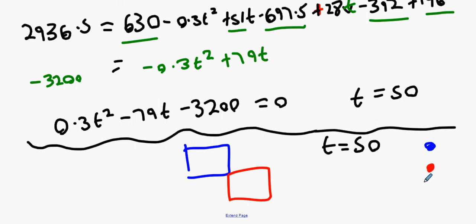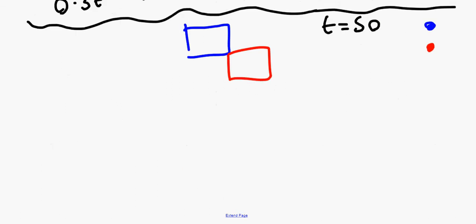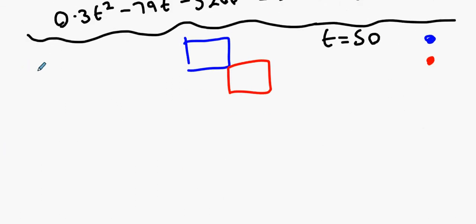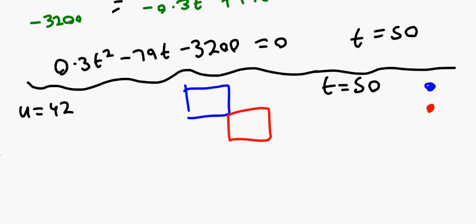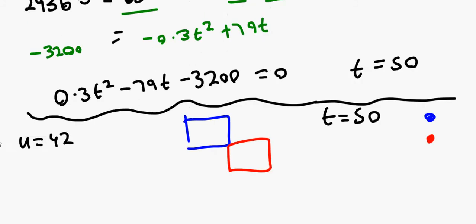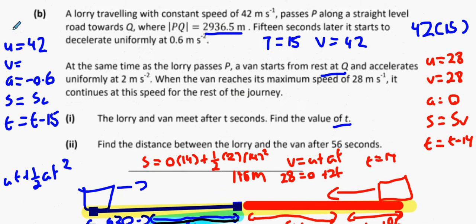Now, what I'm interested in is after 50 seconds, what direction is the lorry actually going in? Because the lorry is always decelerating. So the lorry's initial value was 42. Now, 56 seconds in.